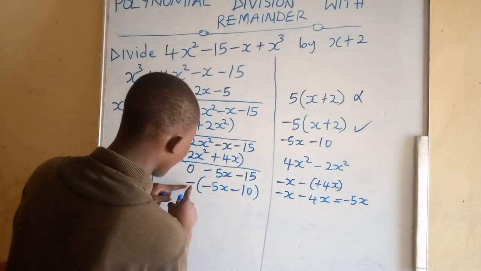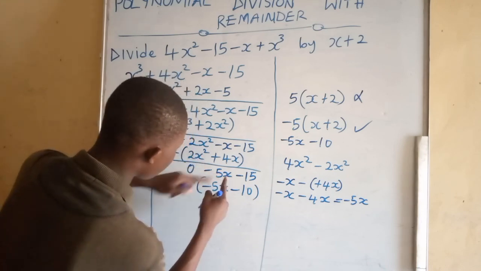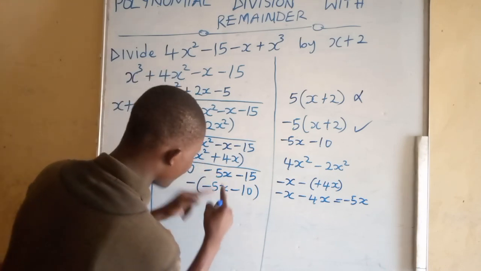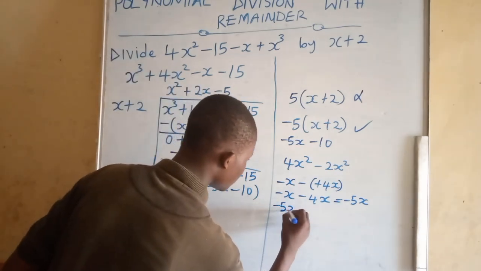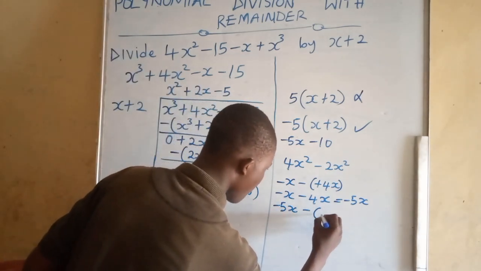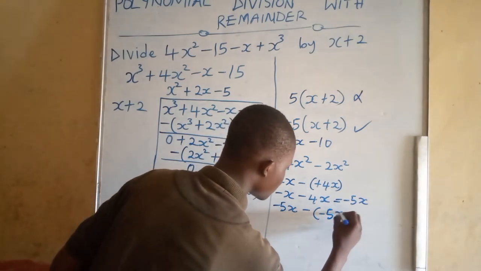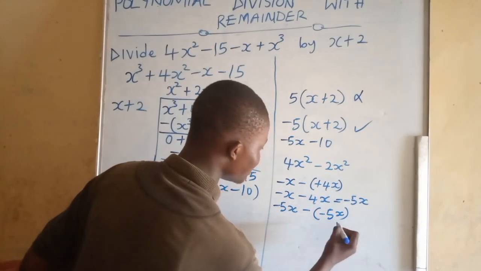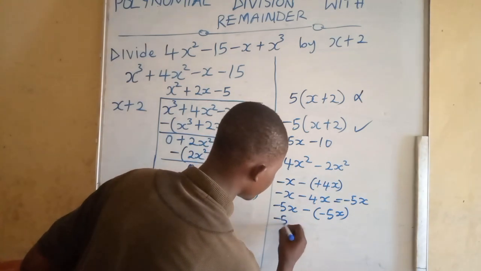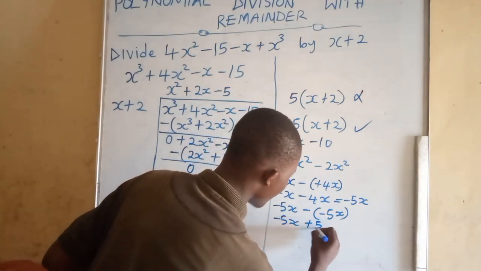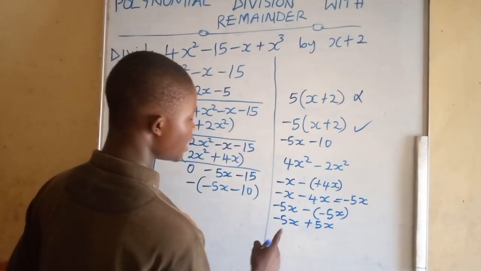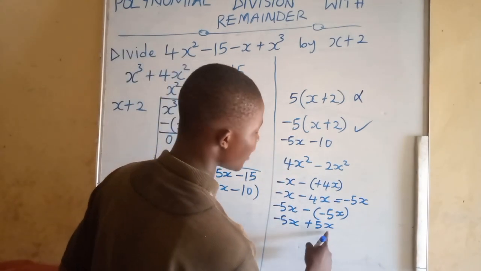Now, minus 5x minus 5x. This thing is the same thing as writing minus 5x, minus plus minus is plus, plus 5x. Minus 5x plus 5x.